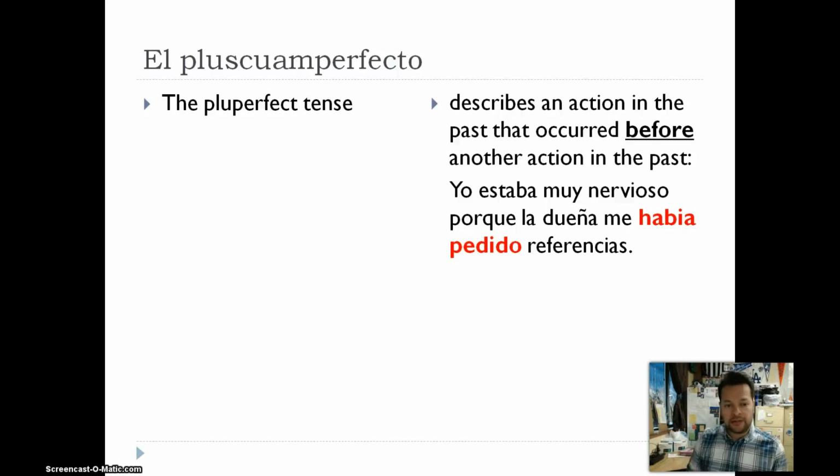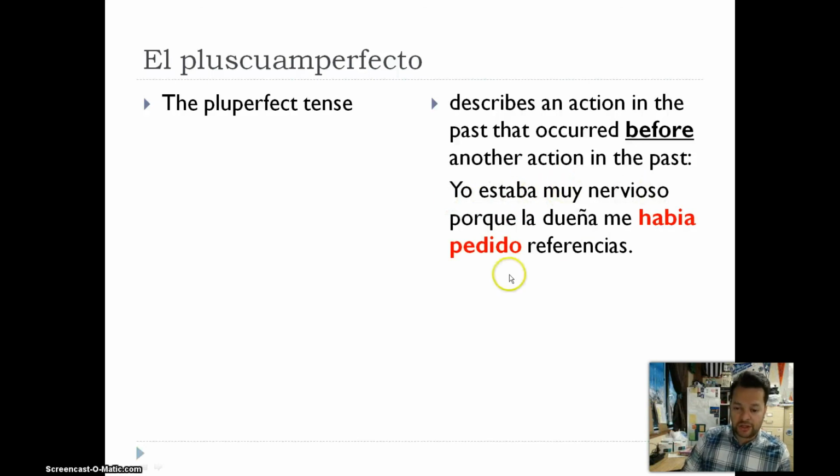So here's an example that describes a little bit of the Pluperfect Tense. Yo estaba muy nervioso porque la dueña me había pedido referencias. I was very nervous because the owner had asked me for references. All right. So notice, here's an action: Yo estaba muy nervioso.